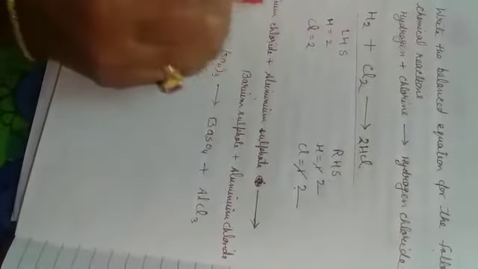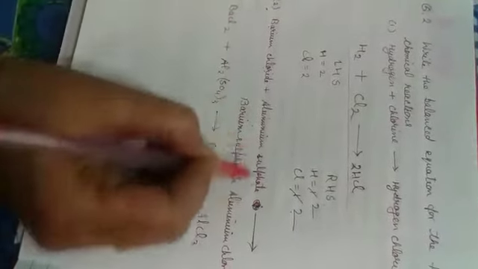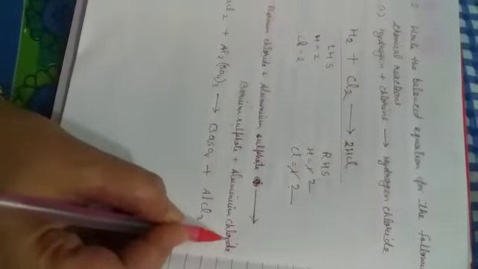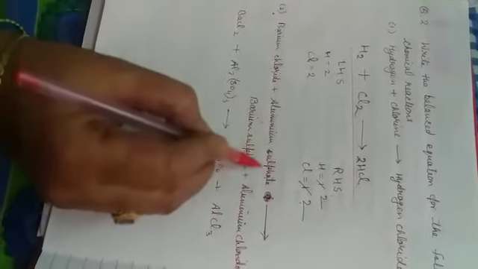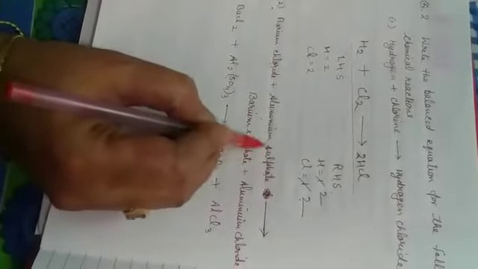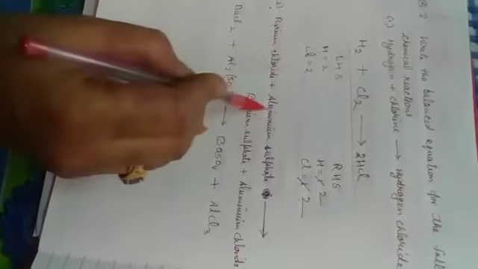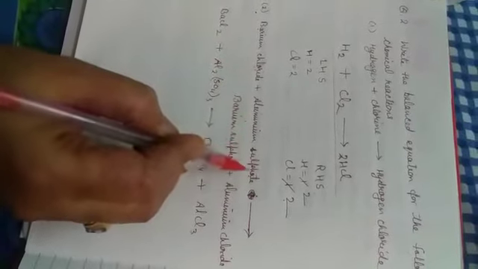Likewise, students, second equation: barium chloride plus aluminium sulfate, and we'll get product barium sulfate plus aluminium chloride. Students, while seeing this equation, if we remember that flow chart that I previously sent you, double displacement reaction is there.